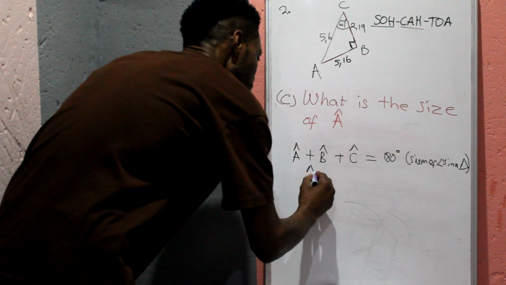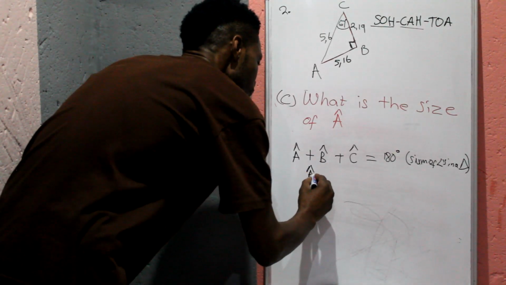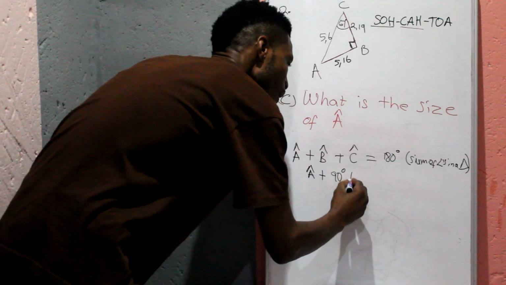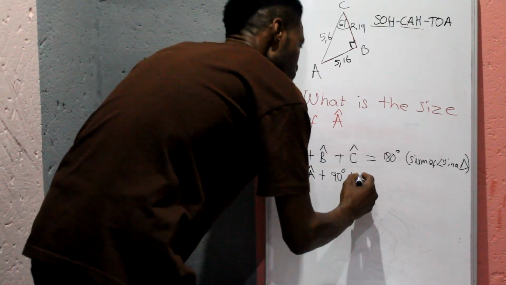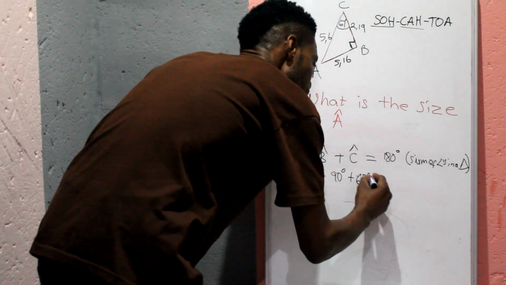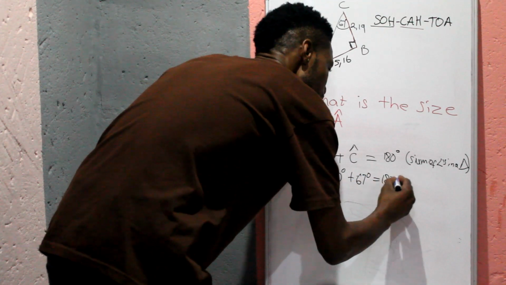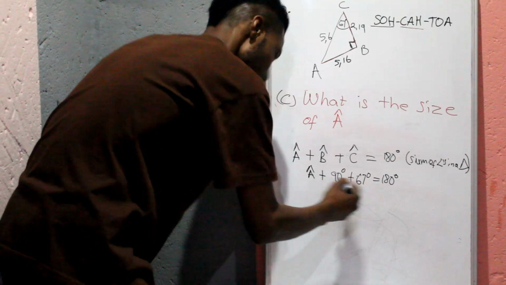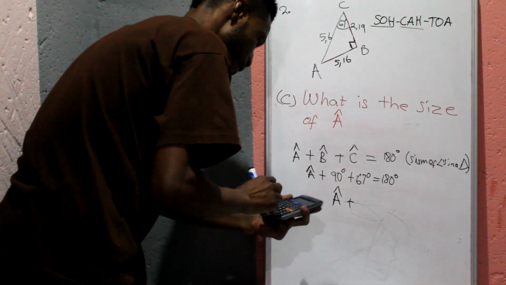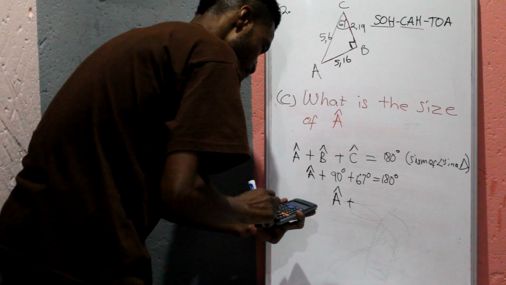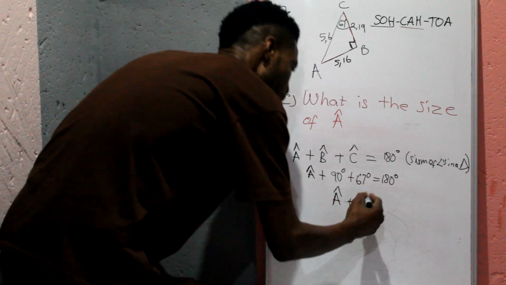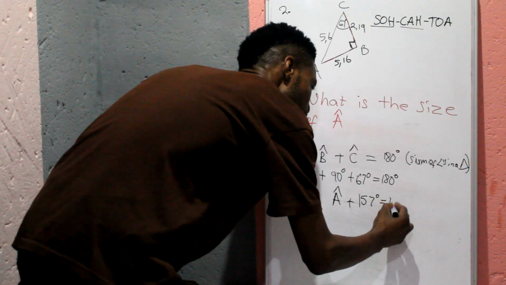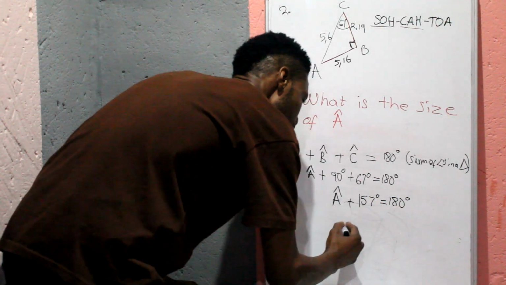Therefore, angle A plus angle B being 90 degrees, plus angle C being 67 degrees, will be equal to 180 degrees. Now, angle A plus the sum of these two, which is 90 plus 67, giving you 157 degrees, will be equal to 180 degrees.